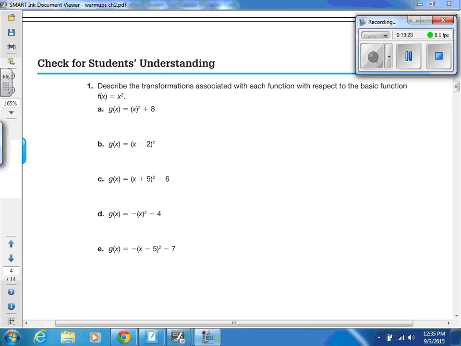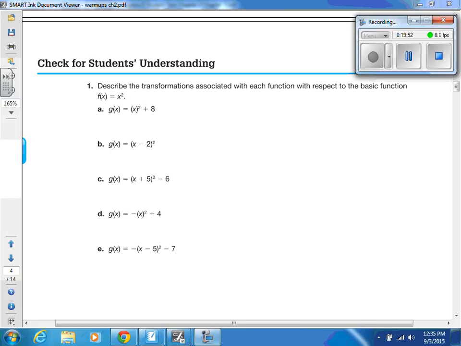Alright, what happened on A? Went up 8. Did it do anything else? It's not inside. Inside parentheses is left and right. Outside parentheses is up and down. So on A, it went up 8. So what happened on B?